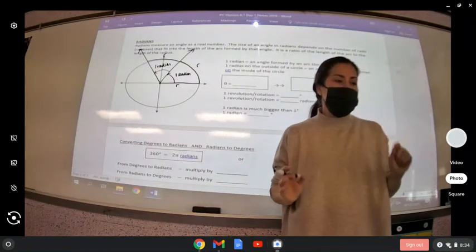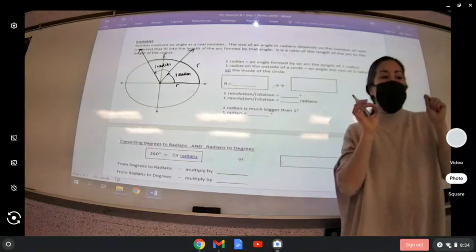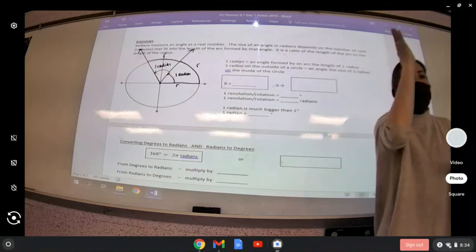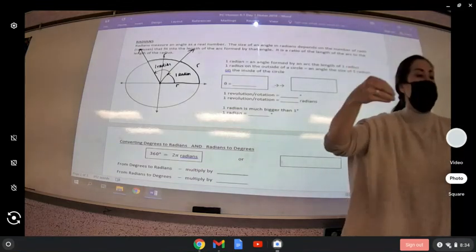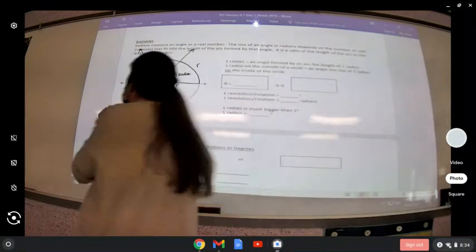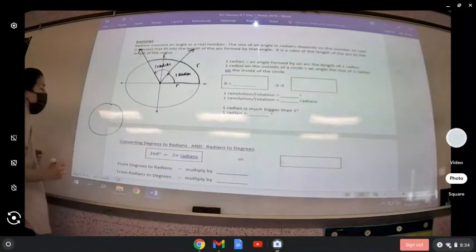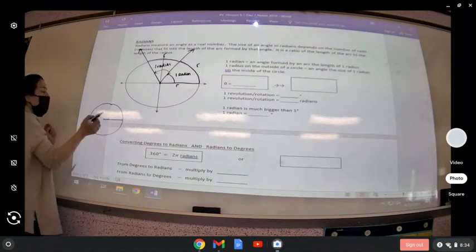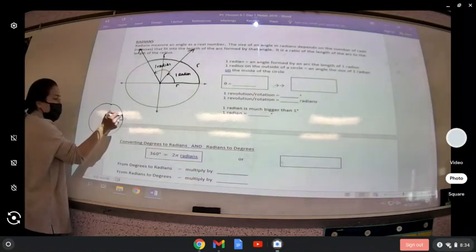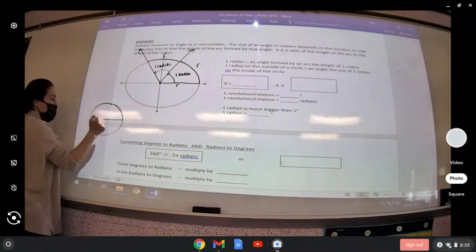So that's what a radian does. It measures the length of the arc, and then depending on how many radii fit into the length of that arc, that's the measure of the angle in radians. So if you picture any circle, and you have a radius, as whatever arc is created, you just keep walking along the outside.